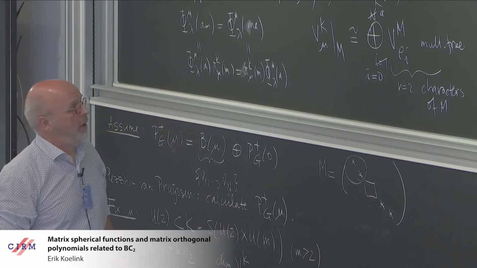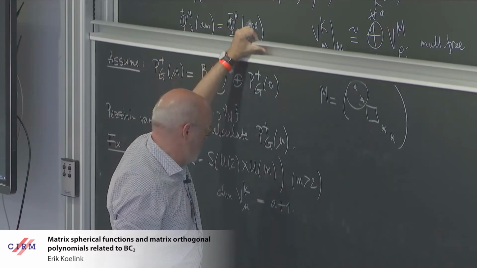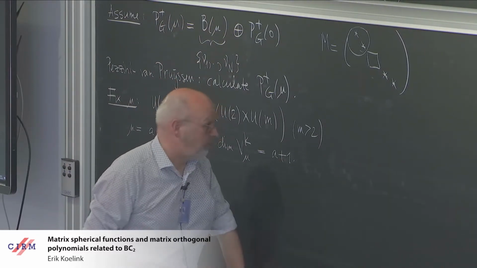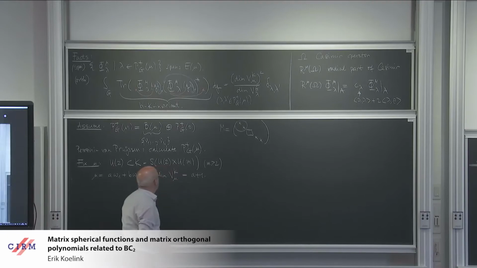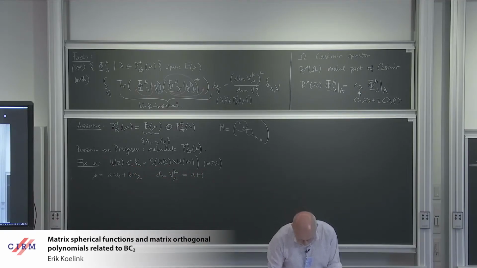And these will be characters. And you only see these two elements there. Okay, so this is the case we would like to understand in a little bit more detail.